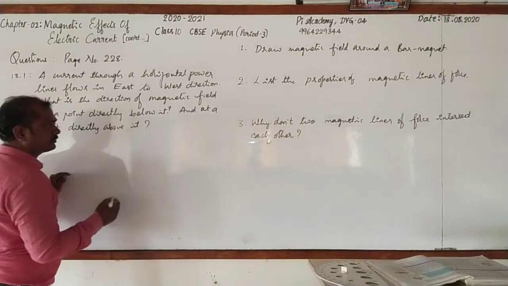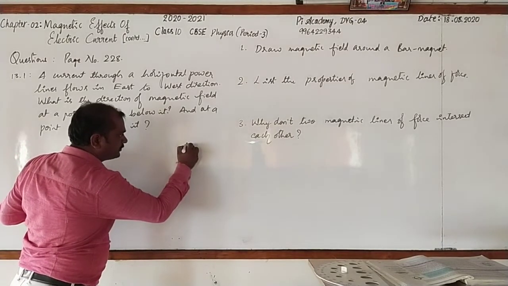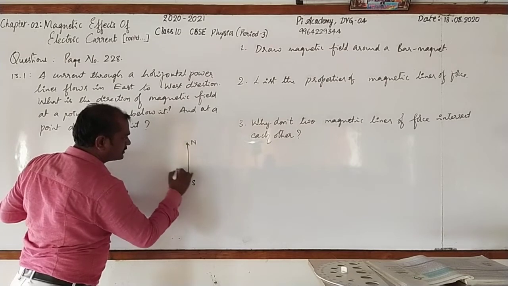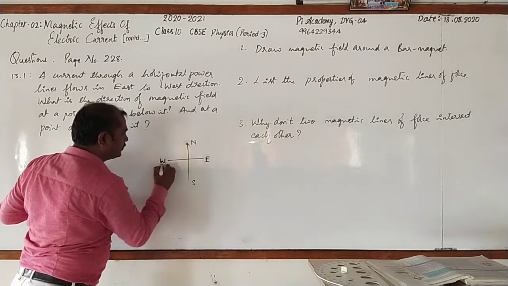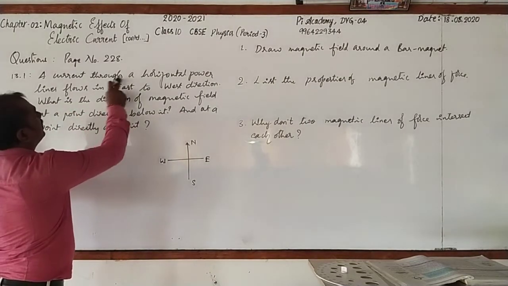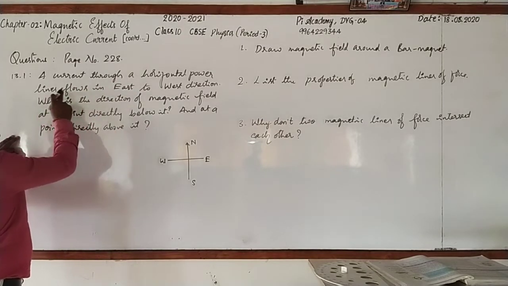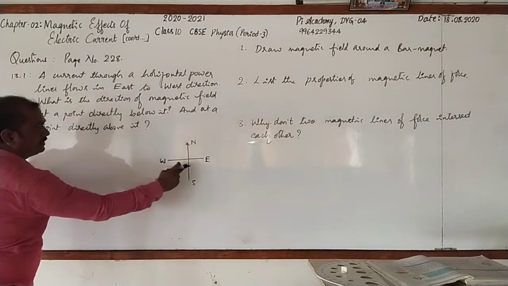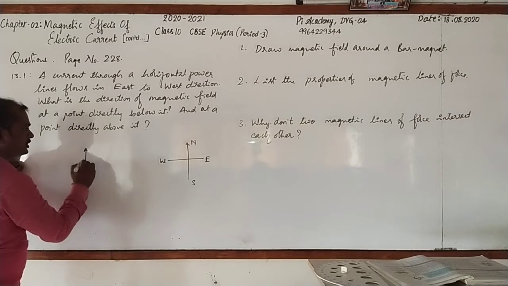Observe. Here we are very familiar with the directions. This is north, east, south, and here east, and this is west. Now look here. The current through a horizontal power line flows from east to west. Just to make the understanding easy, I am taking it like this.